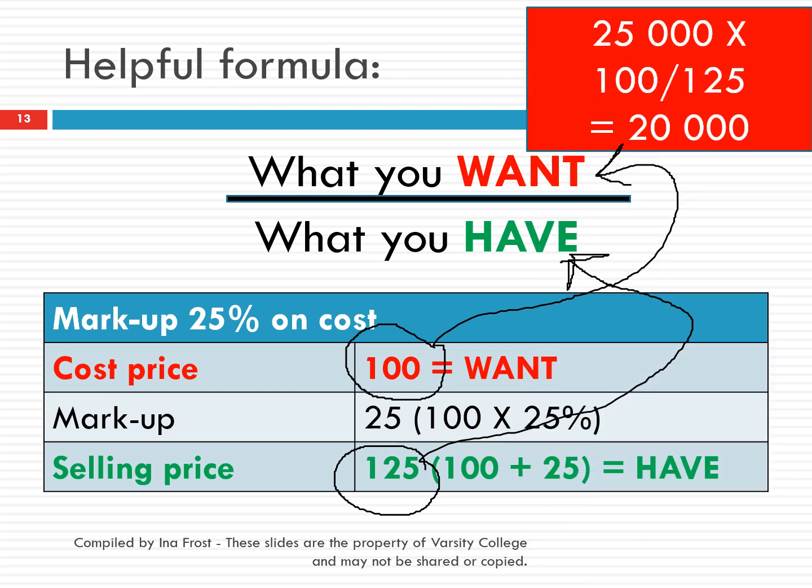So our 25,000 rands, that was our selling price, we multiplied with what we want, the price excluding the markup, and divided by what we have. And what did we have? The selling price. Once again, it gives us the price excluding any markup of 20,000 rands.